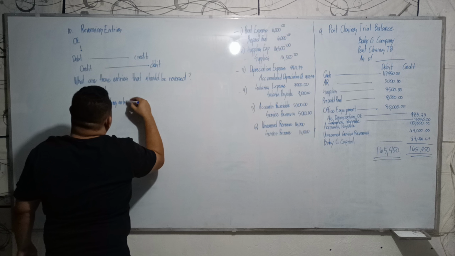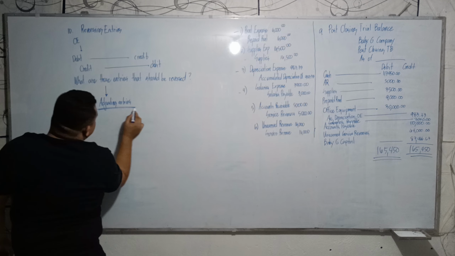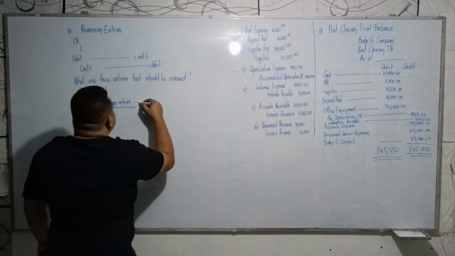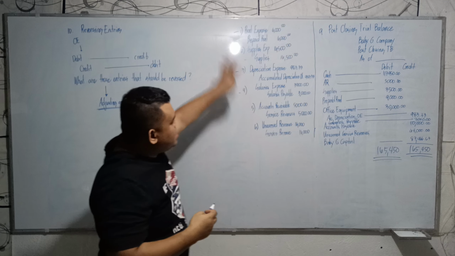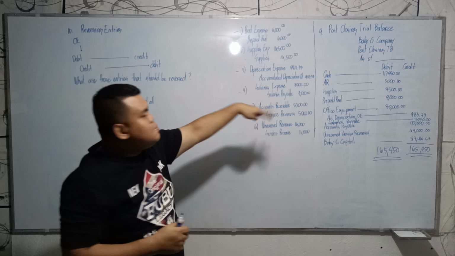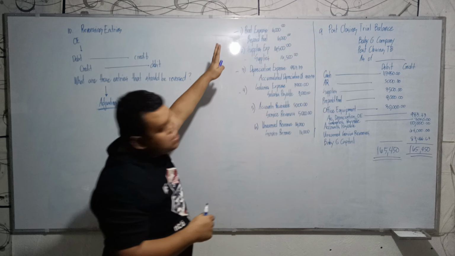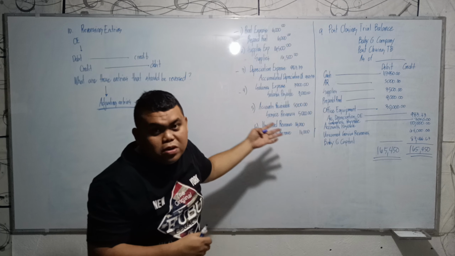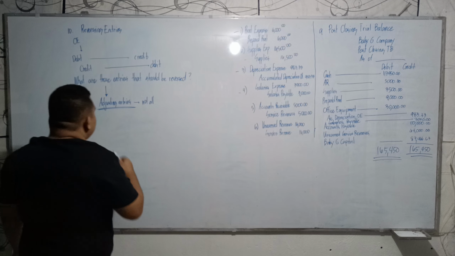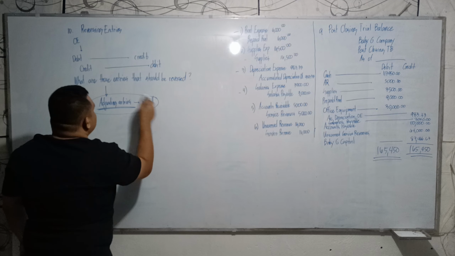What are the entries to be reversed? Adjusting entries, of course. But not all. These are the adjusting entries for BBG Company. Some of it will be reversed, some of it will not be reversed.